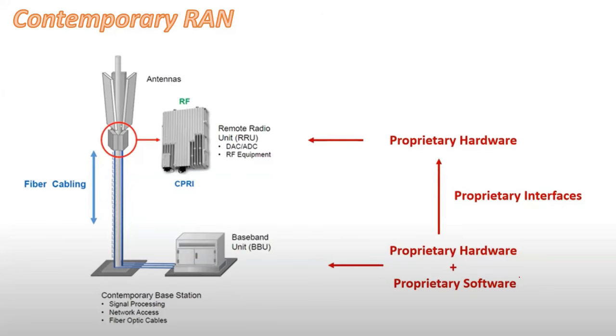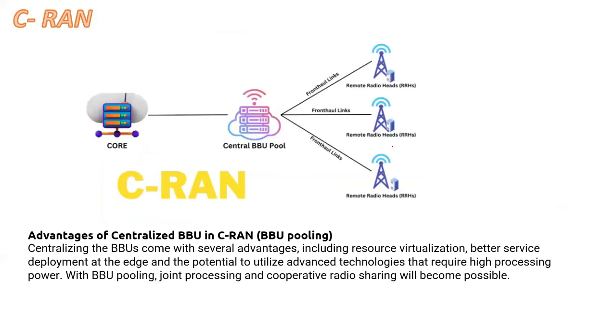What does it mean? If you have a remote unit of Nokia, then you can't use the baseband of Ericsson, right? These are proprietary hardware. I will use this word a lot in this session, proprietary, because it is a base concept of ORAN. Okay. Then we have this CRAN.